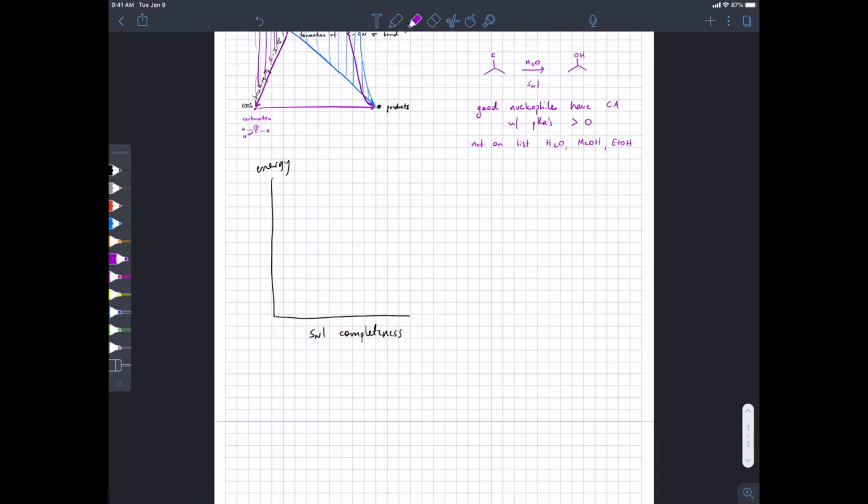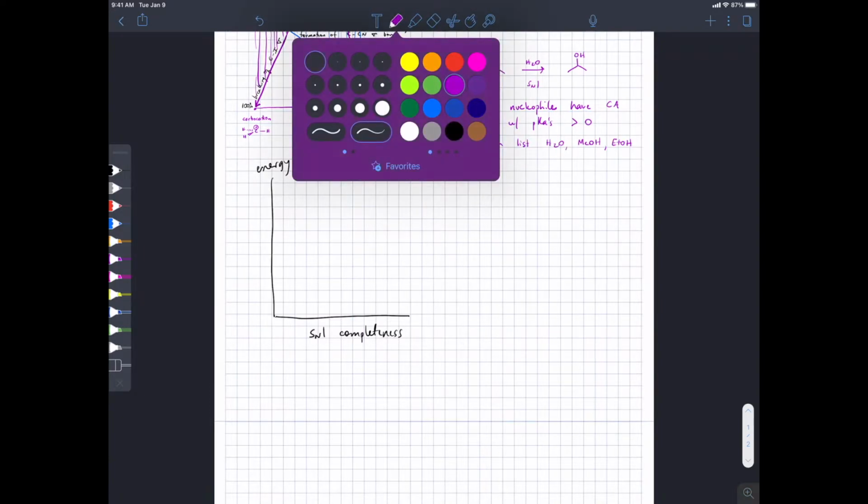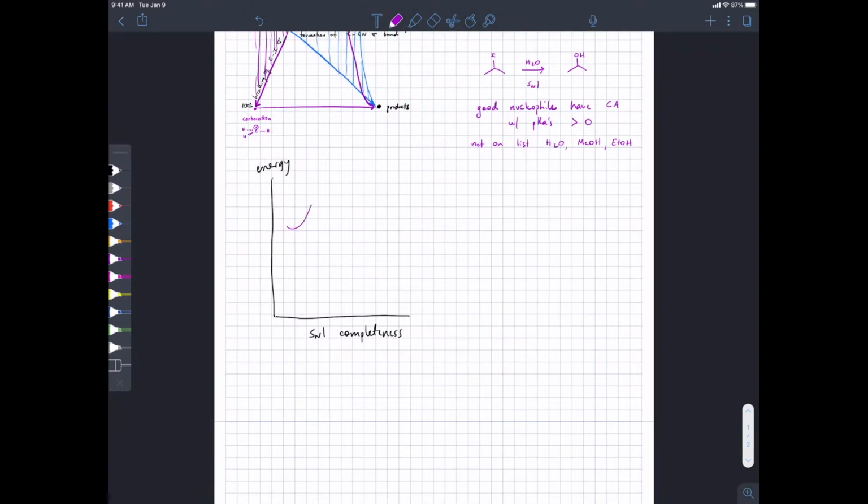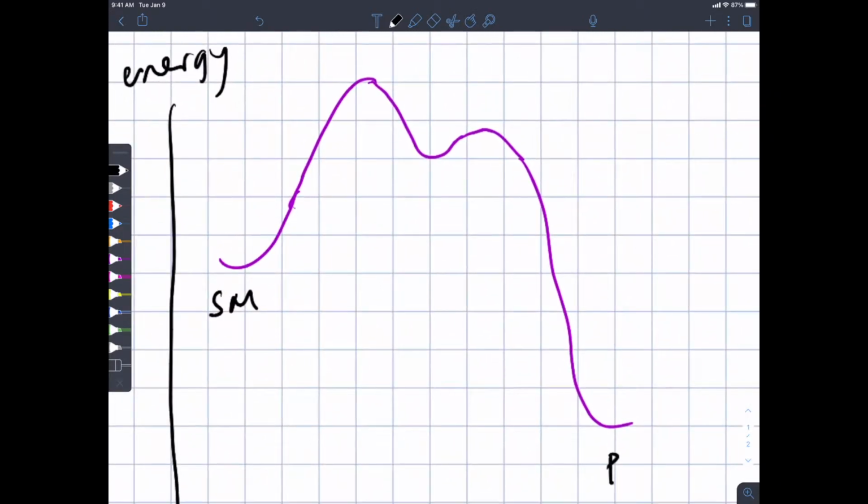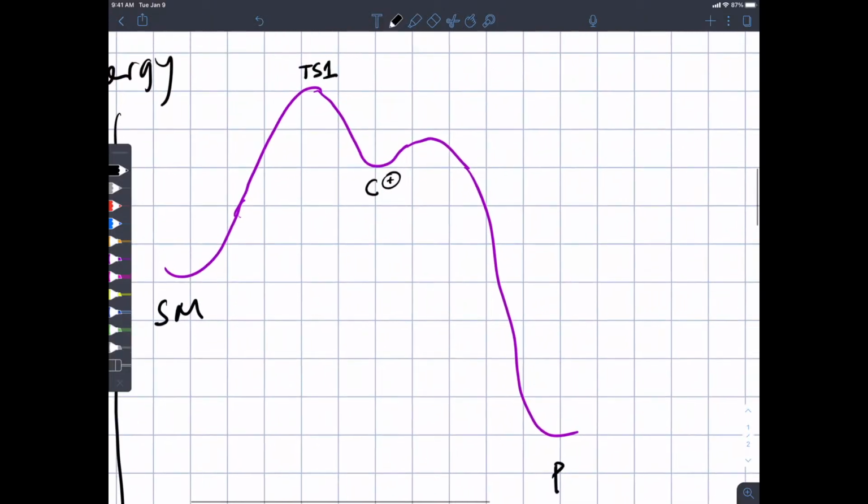I'll stick with purple. We'll have starting material, transition state 1, carbocationic intermediate, and products. Okay.